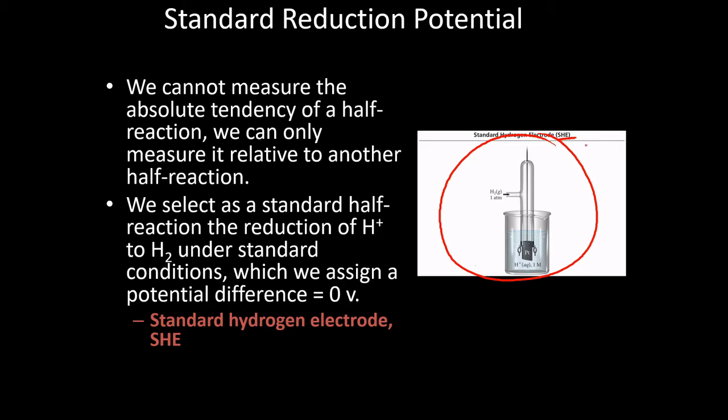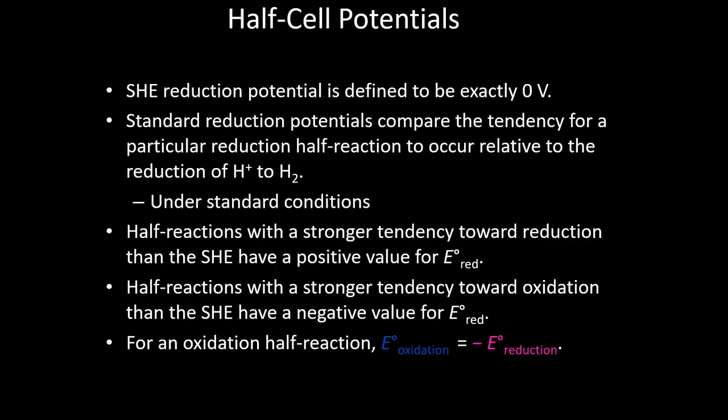We're going to say this half reaction is more or less likely to be reduced as compared to hydrogen being reduced in the standard hydrogen electrode. And so just like sea level has 0 elevation, our sea level is going to have 0 volts. That is going to be the standard reduction potential for our standard hydrogen electrode, and everything else will be relative to that.